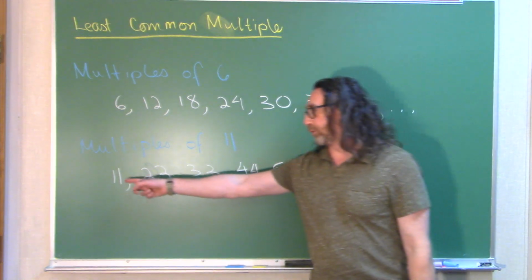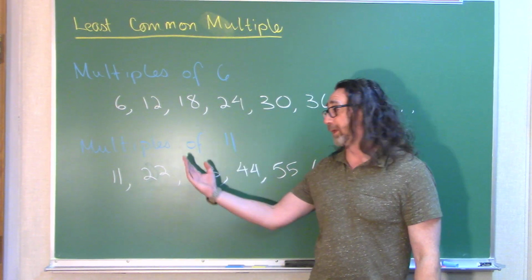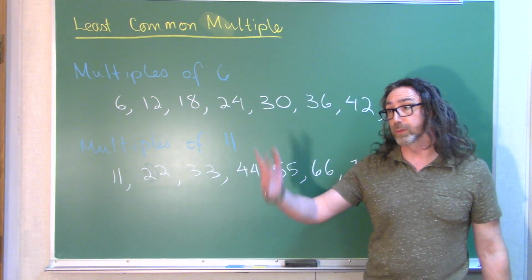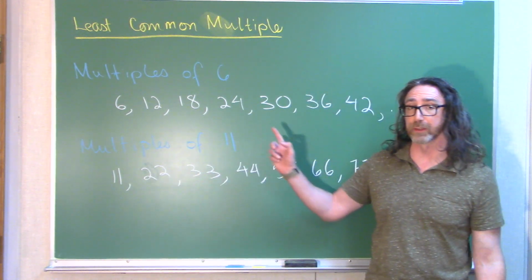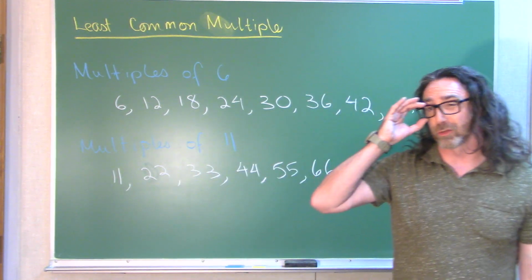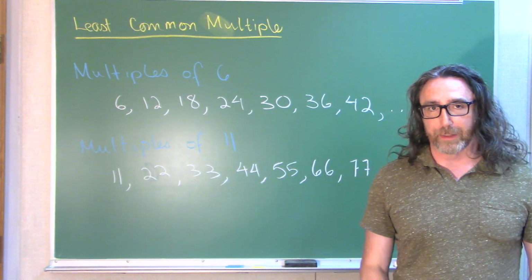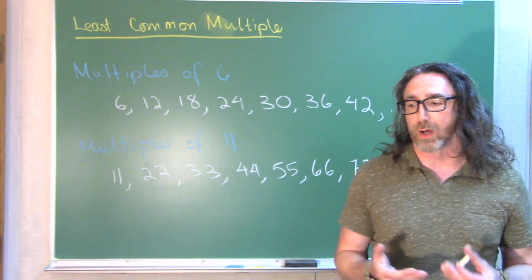You can get from one multiple to the next by adding, in this case, 11. We're talking about multiples of 11. You start with 11, you keep on adding 11. Or you could actually do multiplication and do 11 times 1, 11 times 2, 11 times 3, 11 times 4, and so on down the line. So hopefully now you're understanding what I mean when I talk about the multiples of a number.